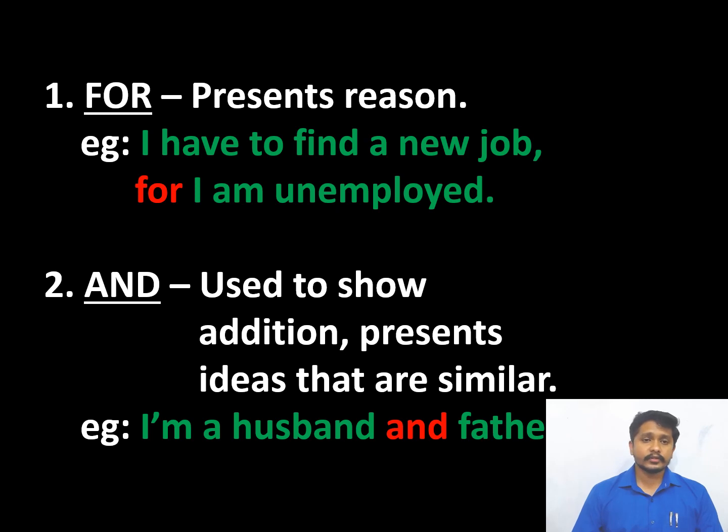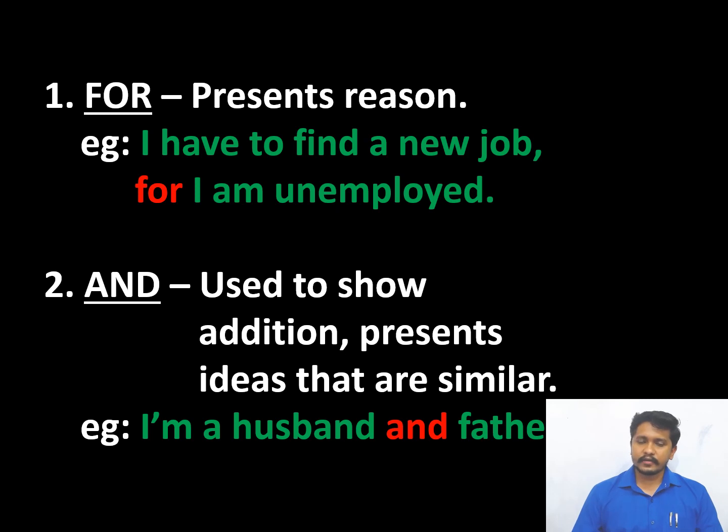Can you tell what is the difference between the first one and the second one? The first one is joining two independent clauses. The second one joins two words. So when we are joining two words, we don't use a comma. So remember, with a coordinating conjunction, if we are joining two independent clauses, put a comma after the first independent clause.